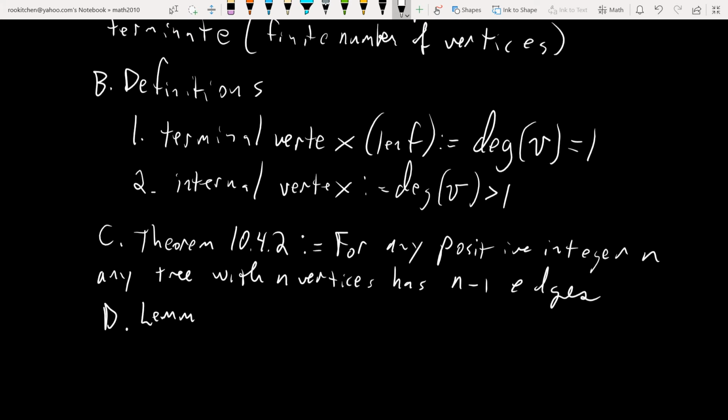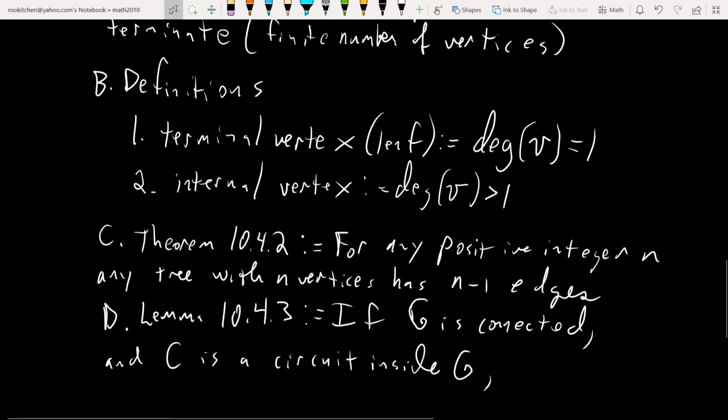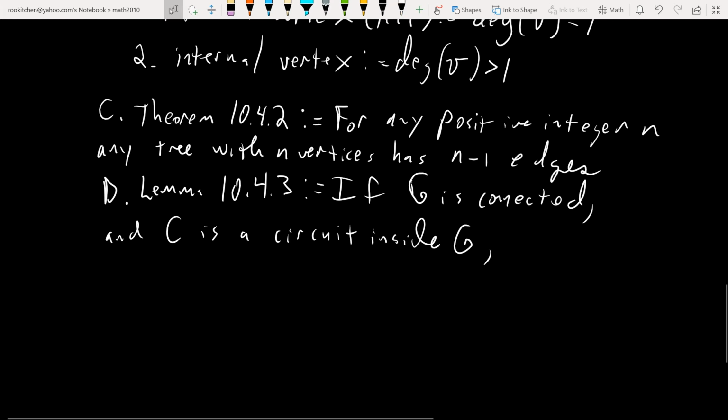Lemma 10.4.3. If G is connected, and you have the circuit C inside of G, you can remove any one of the edges of C and G will still be connected.